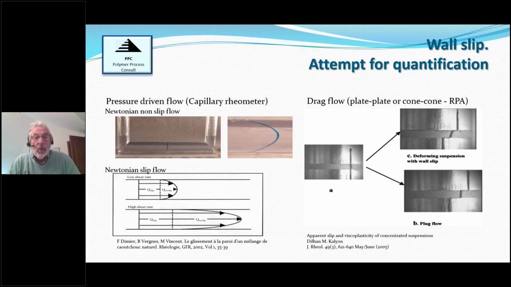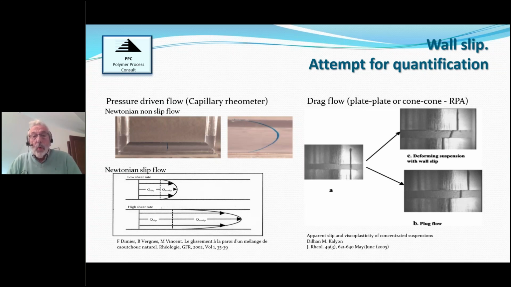And at the injection point, we can see that actually the liquid hasn't moved. So there's no wall slip. In Newtonian slip flow, we can see that actually the line has started to move away depending on the shear rate. Now, this is extremely difficult to see on a capillary rheometer with rubber compound.